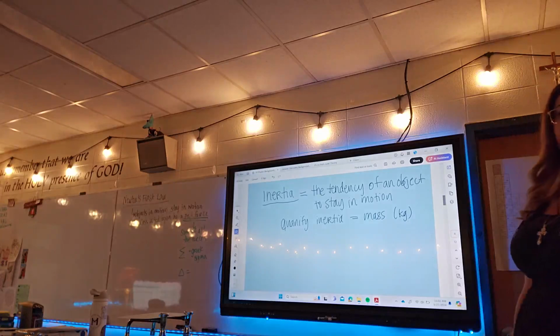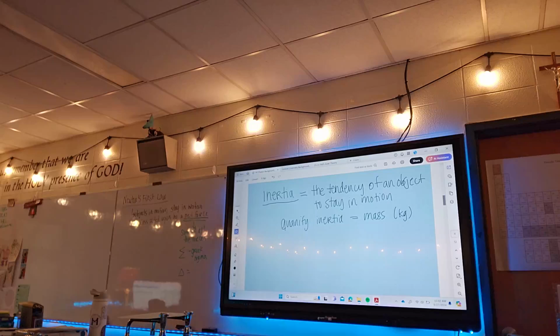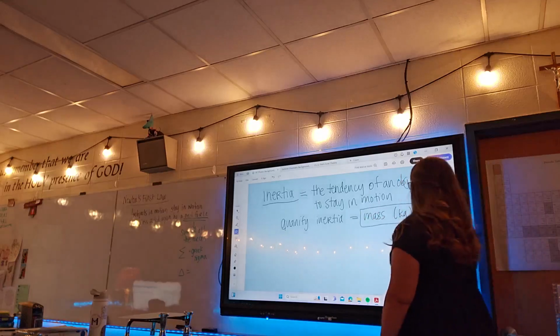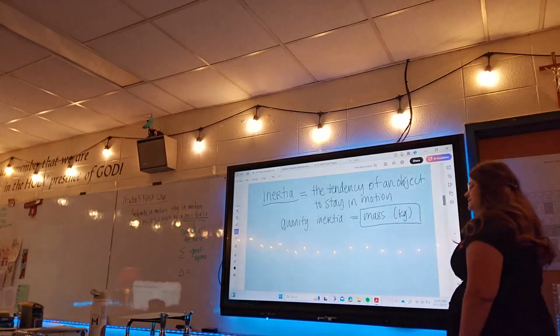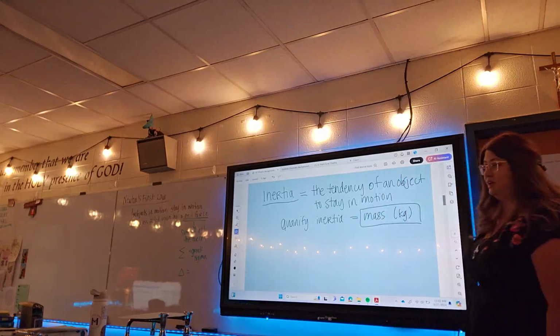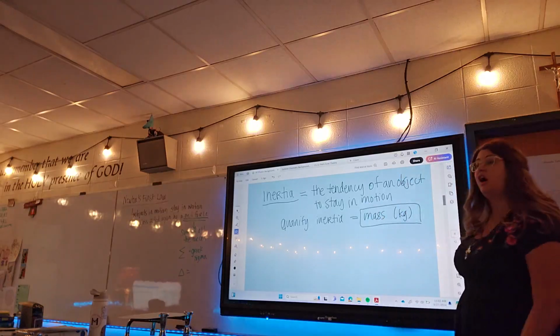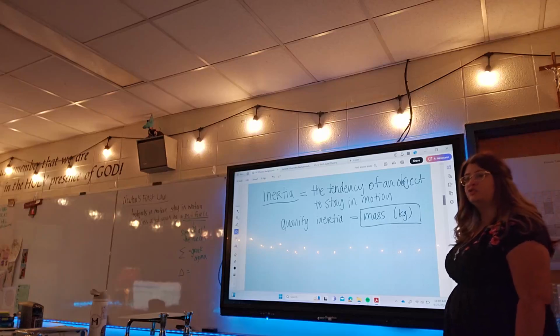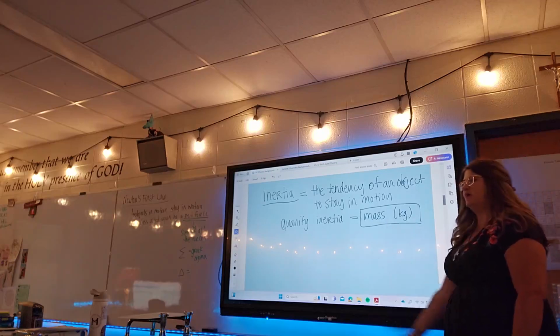A train has an incredible amount of inertia because it's such a huge mass. And a kid on a bike is just a kid on a bike. So we can quantify inertia by using the concept of mass. The more mass something has, the more inertia it has. So the bigger your car is, the more force is going to be required in order to change what is happening to it.